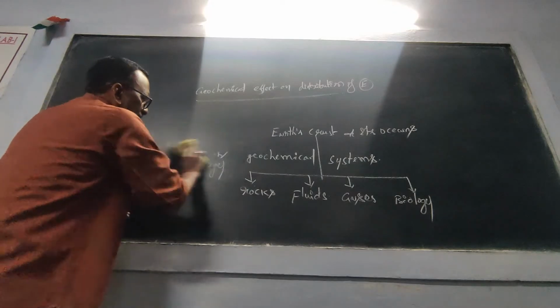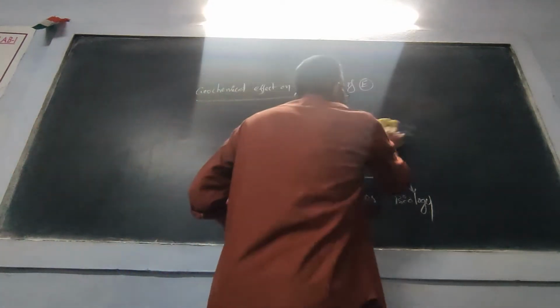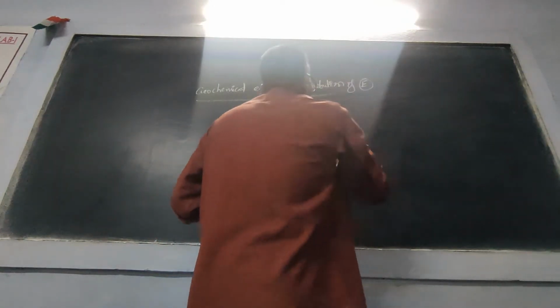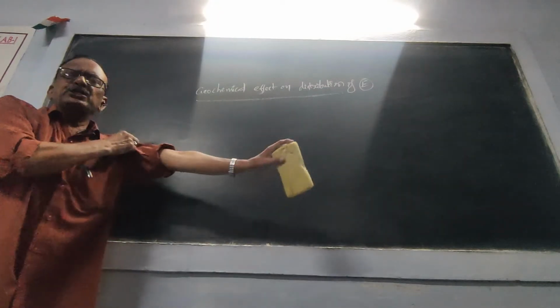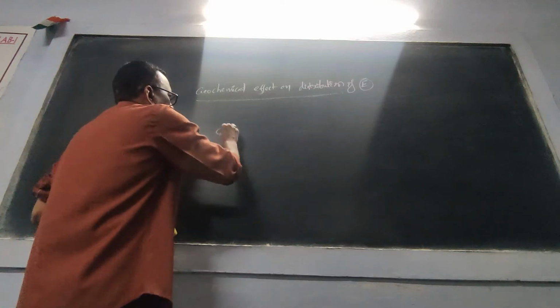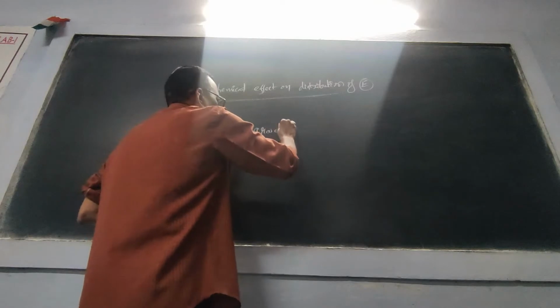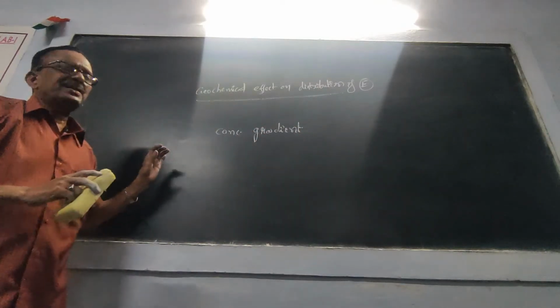Okay? Now we shall learn why these elements are unequally distributed. For that, what is the main reason? The main reason is concentration gradient. This you have to understand here. What is this concentration gradient?